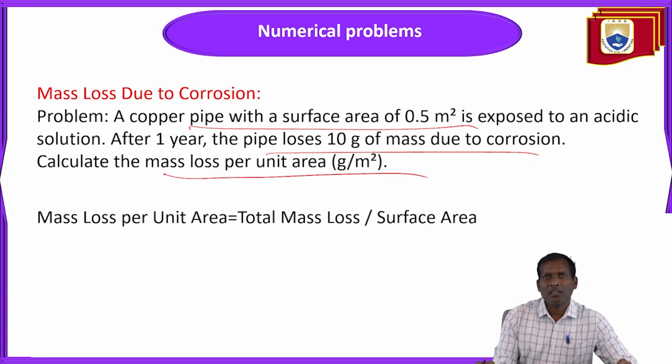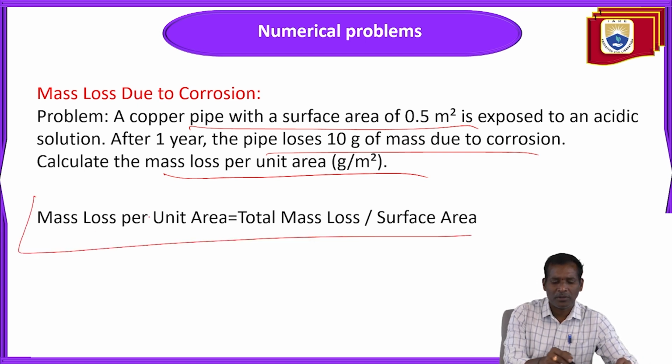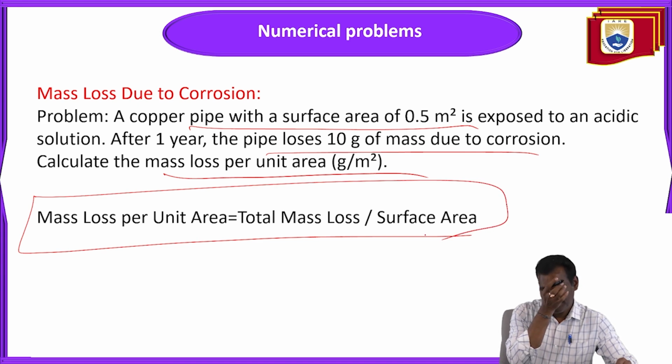So here a copper pipe with a surface area of 0.5 meter square is exposed to an acidic solution. After 1 year, the loss is 10 grams. So here, how do you calculate the mass loss per unit area?